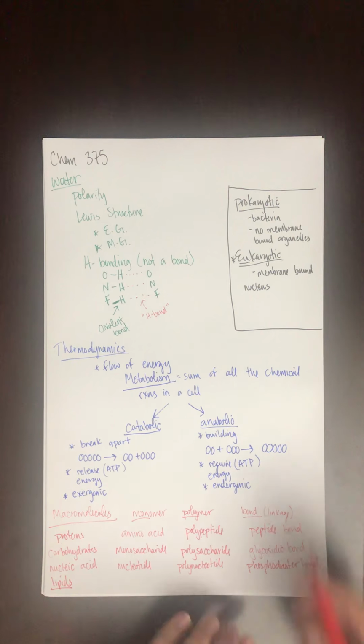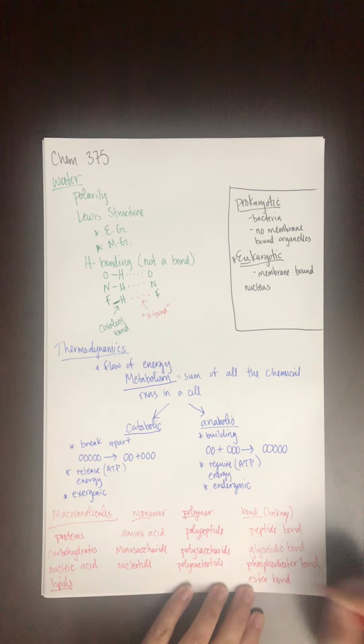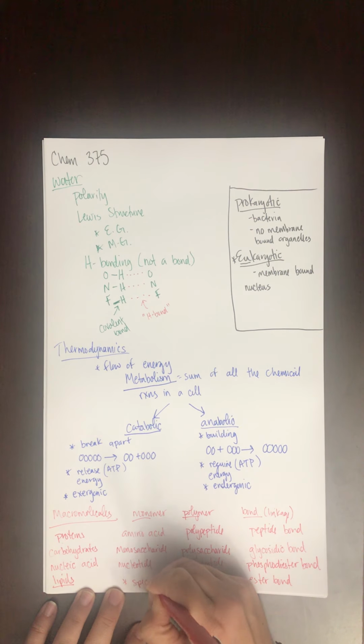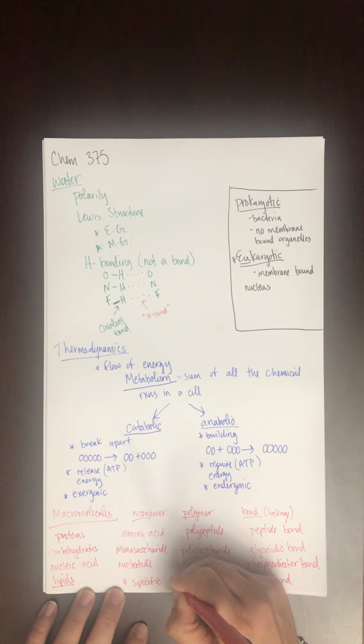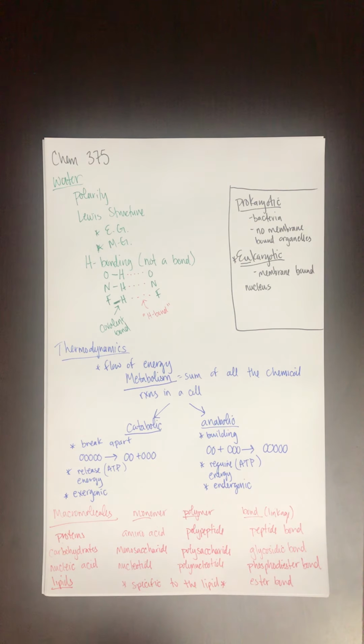But the type of bond is an ester bond. And we'll talk about these. These are specific to the lipid. So we'll talk about glycolipids and phospholipids and fatty acids and triacylglycerols and all kinds of lipids specifically.